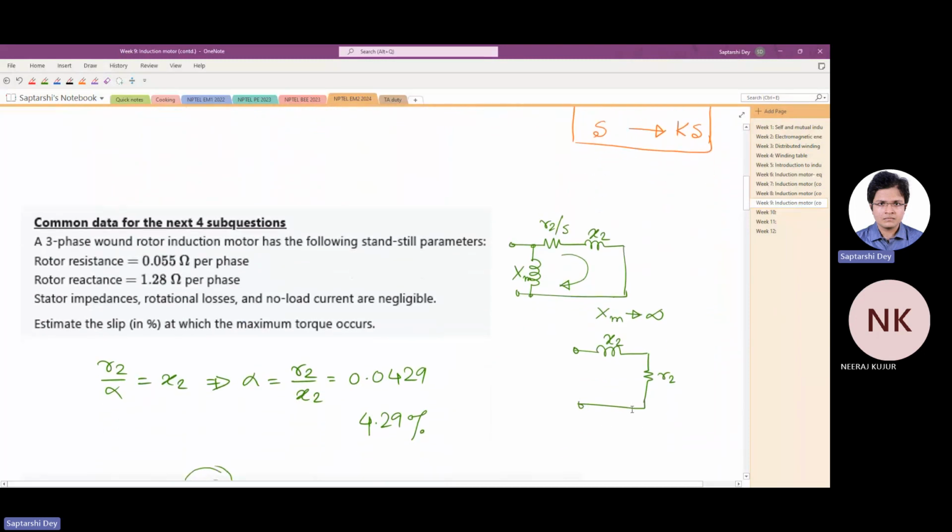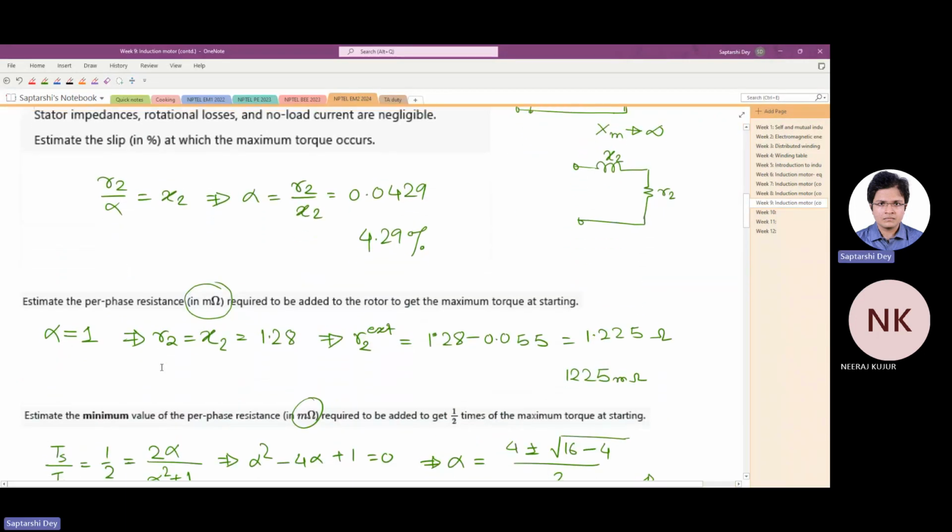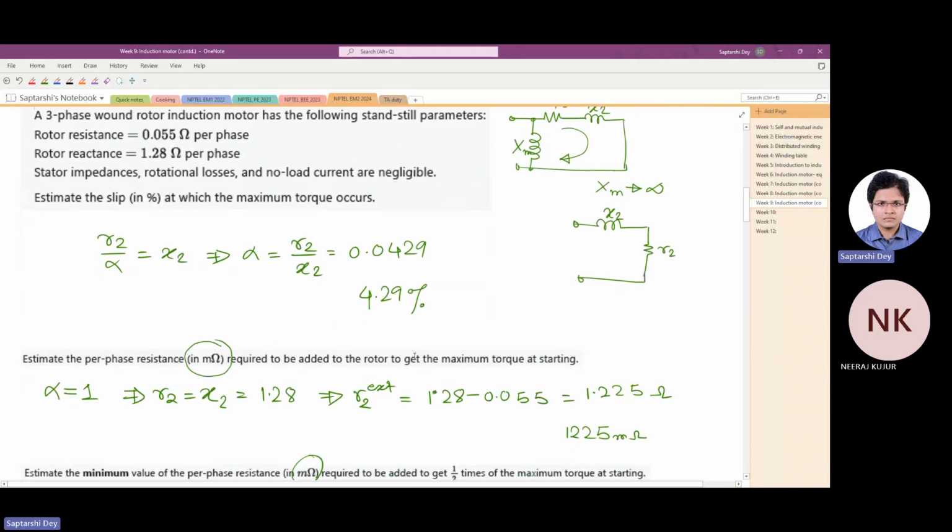Now based on this, we solved some problems. Today's problems are actually much easier than what we had yesterday. Yesterday it was a little more rigorous. Today the circuit parameters are given, and first we find the slip at which the maximum torque occurs, which is R2 by X2. Then we want to calculate the resistance to add to the rotor circuit such that we get the peak torque at the very beginning itself.